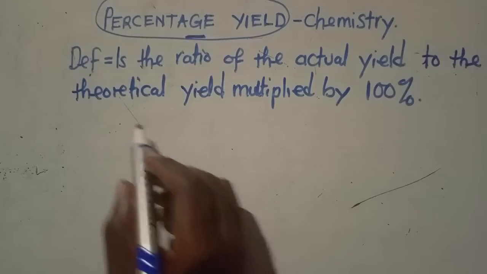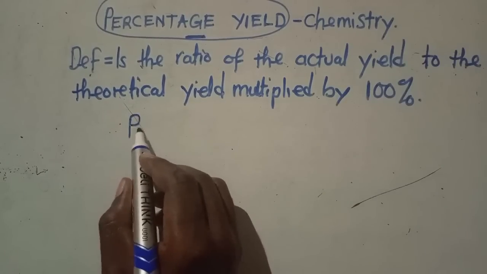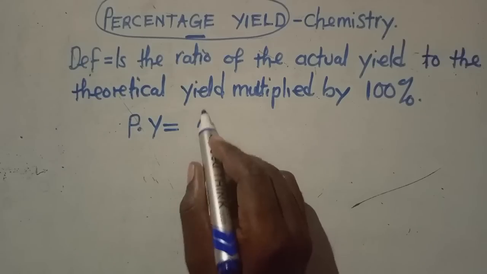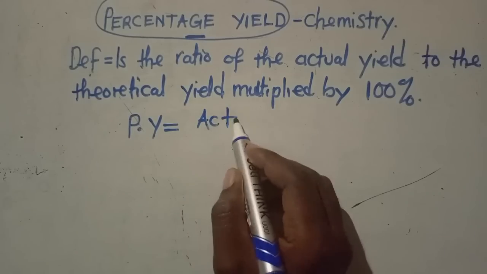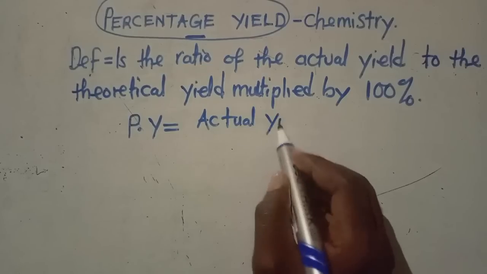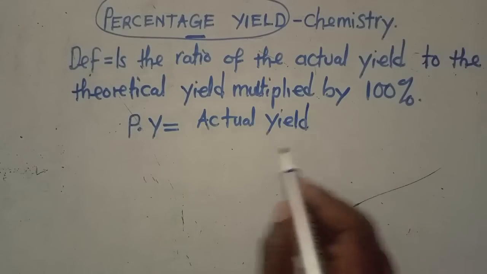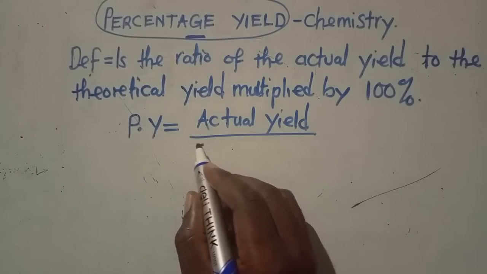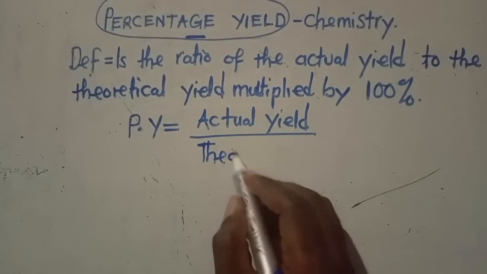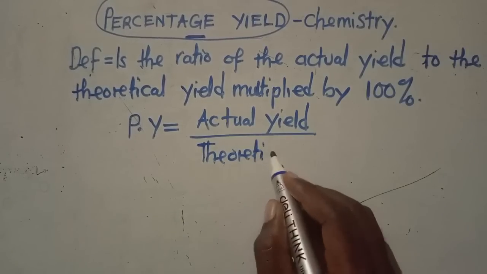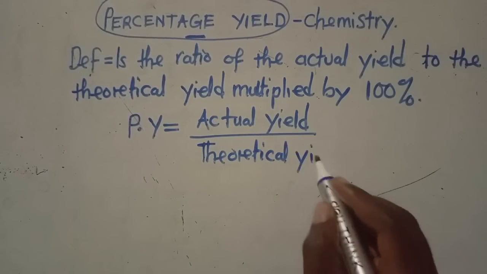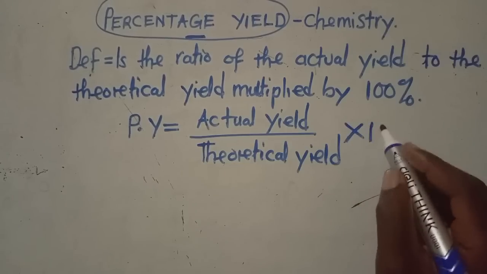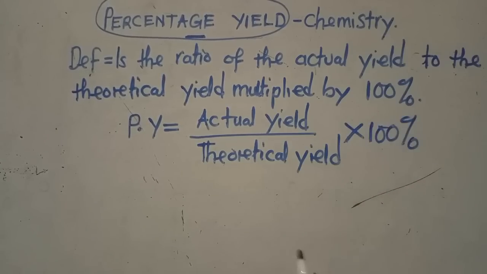In other words, the formula we use is: percentage yield is equal to the actual yield over the theoretical yield, then everything multiplied by 100%.